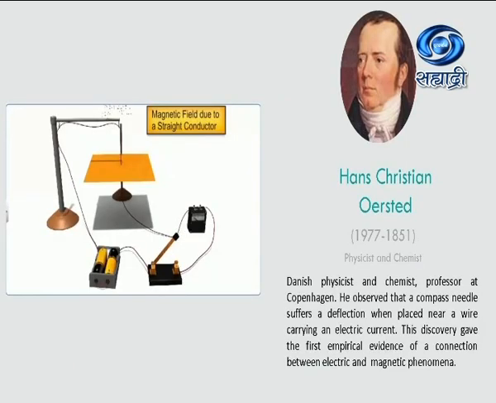Hans Christian Ørsted, a Danish physicist and chemist, professor at Copenhagen, observed that a compass needle suffers a deflection when placed near a wire carrying an electric current. This discovery gave the first empirical evidence of a connection between electric and magnetic phenomena. Remember, this discovery was made in 1820, almost 200 years ago.